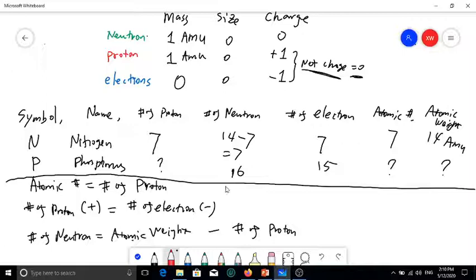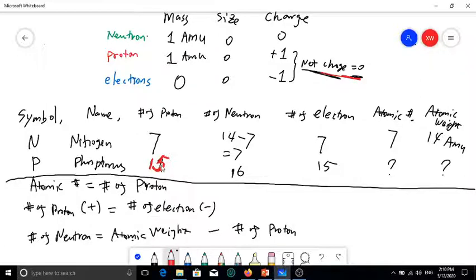The first number you can fill out right away: looking at 15 electrons, you must have 15 protons. By the way, the condition here is that we are talking about a neutral element with overall charge 0. Sometimes the atom does not have to be neutral, and then that's a different story.